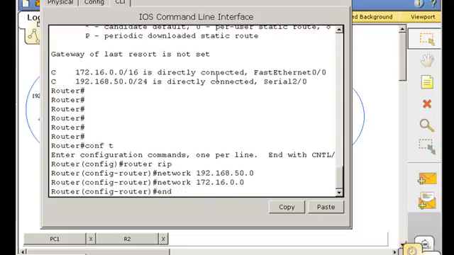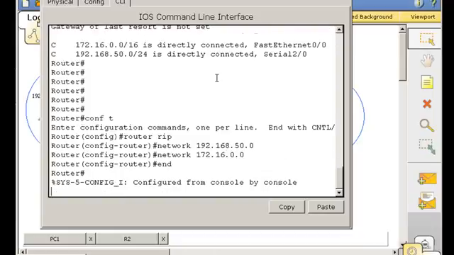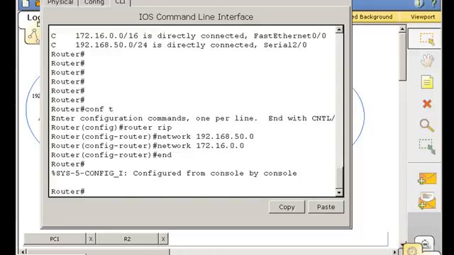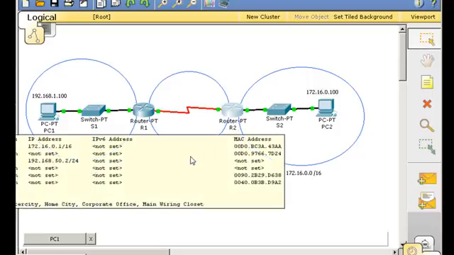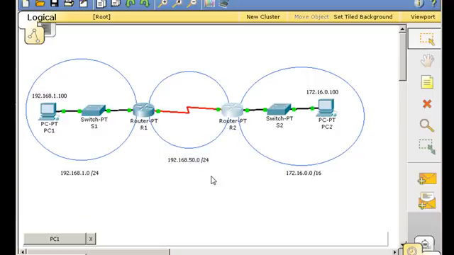Okay, and then hit end. All right. Now both routers are exchanging RIP updates out of their interfaces, and shortly we should see that the routing tables change.